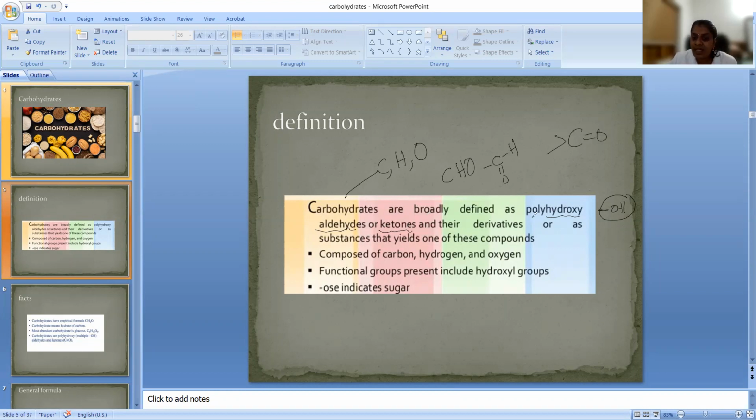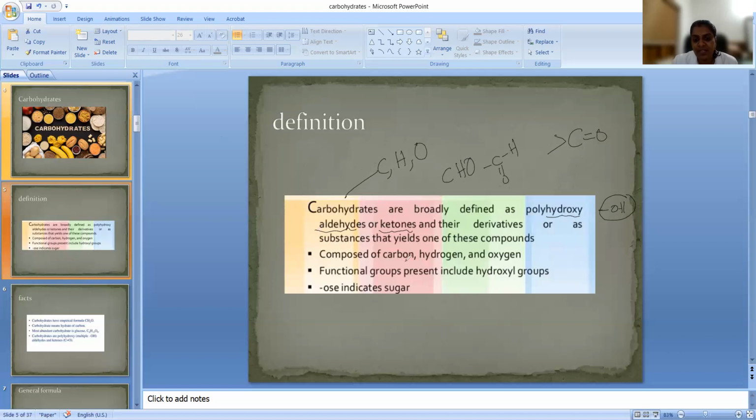So what are carbohydrates? They are termed as polyhydroxy aldehydes or ketones and their derivatives, or substances that yield one of these compounds. If it is not a polyhydroxy aldehyde or ketone, but it undergoes hydrolysis, at least it will give some of these compounds.